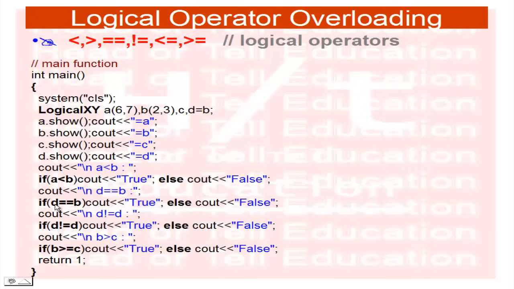Now check if d equals b. d has what value? 2 3. And b has 2 3. So this time the double equal comparison output is true.